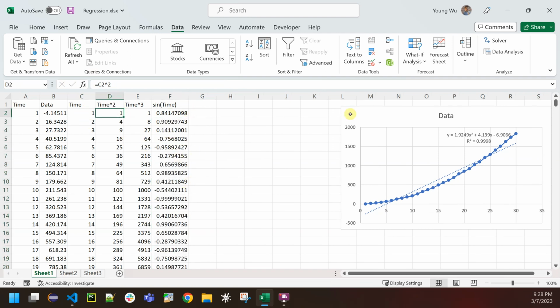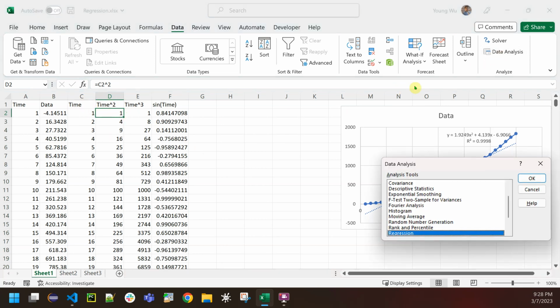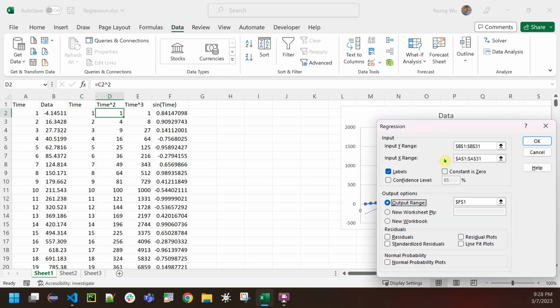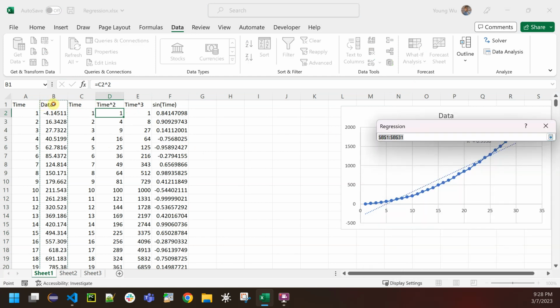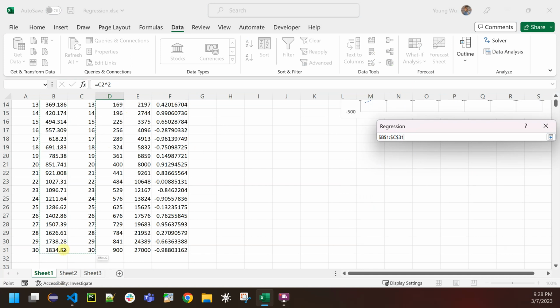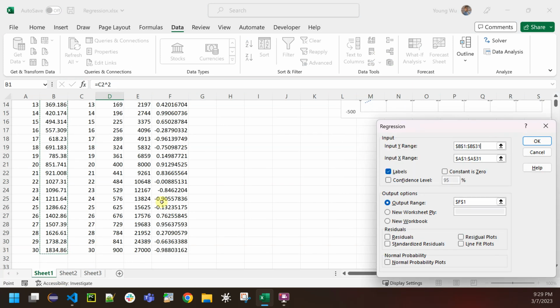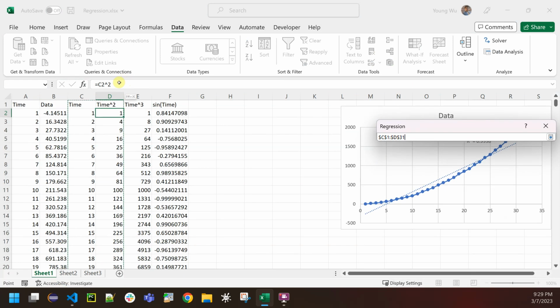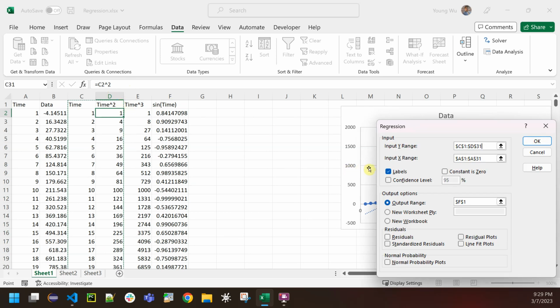Here, we will just look at the time and time squared columns. So let's do regression again, and the y value is the same. And for the x value, let's only select these two. If you want to select all 4 of them, you'll get the coefficients of all 4 trends. But I only select the 2.